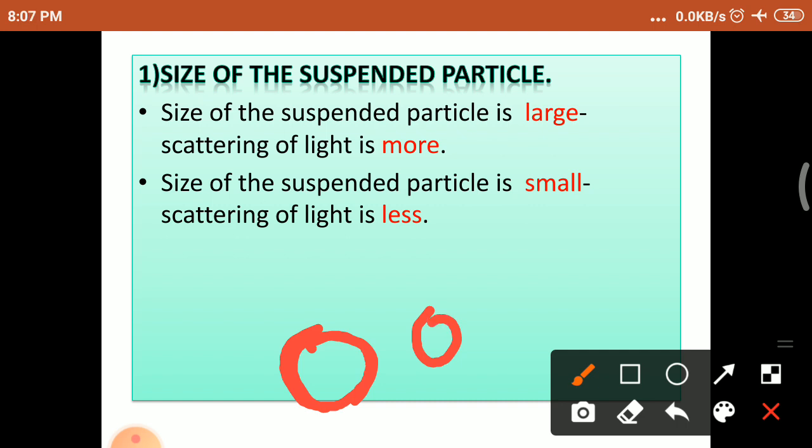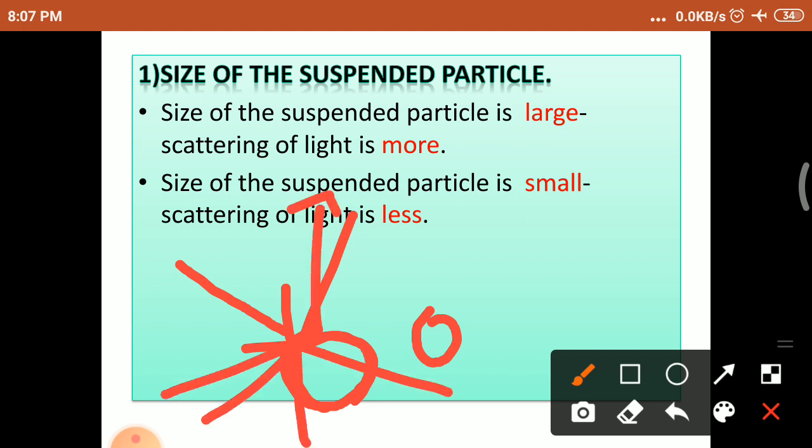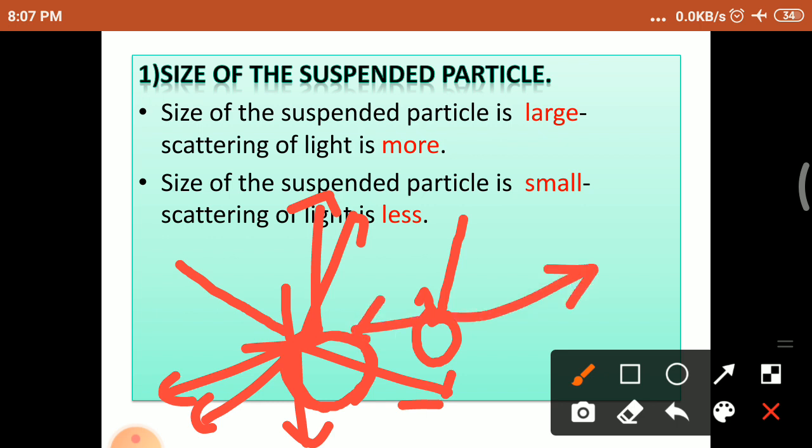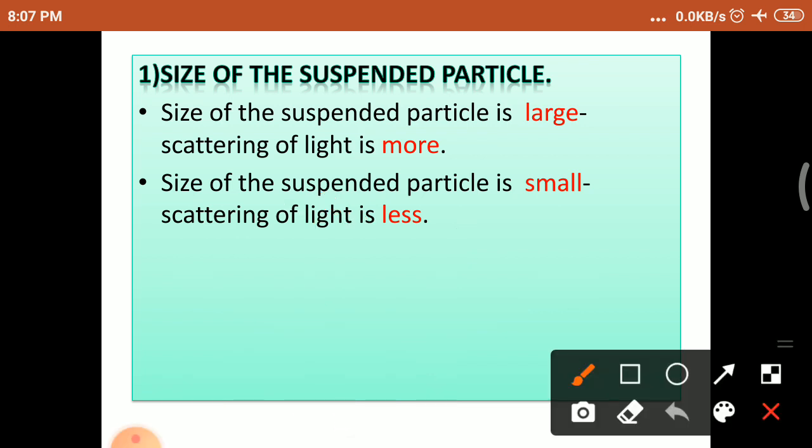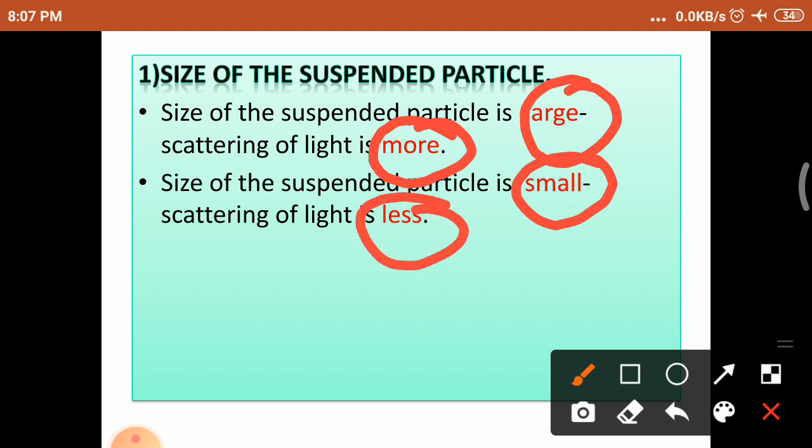When light falls on a large particle, more light is scattered. When light falls on a small particle, the scattering is less. It is a very important point. Please note that.